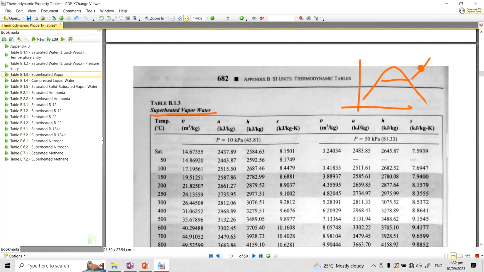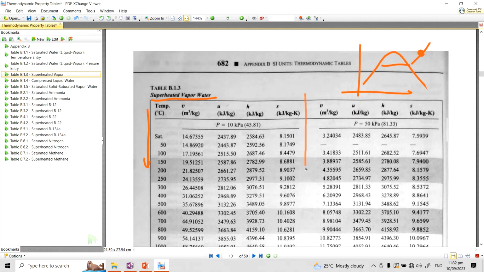So you see here we have temperature in the first column, and we have this first set, as you can see. So for this temperature, what's the specific volume, internal energy, enthalpy, and entropy. And another set here: specific volume, internal energy, enthalpy, and entropy.